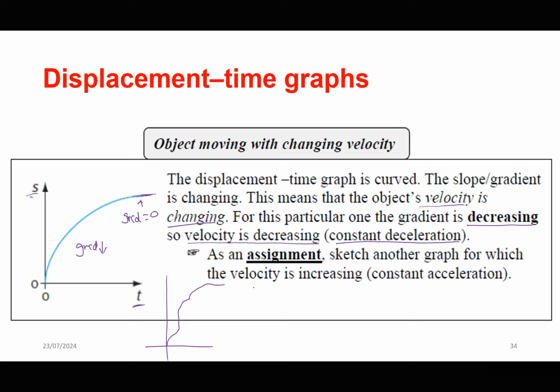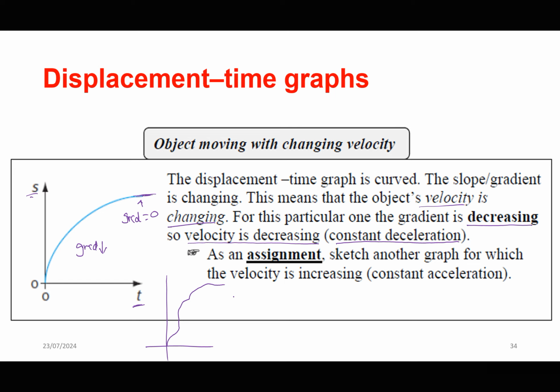Not smooth at all, which means at equal time intervals we may not get equal changes in gradient. But because it's a perfectly smooth curve, it means that at equal time intervals we are most likely going to get equal change in the gradient, which means equal change in the velocity.